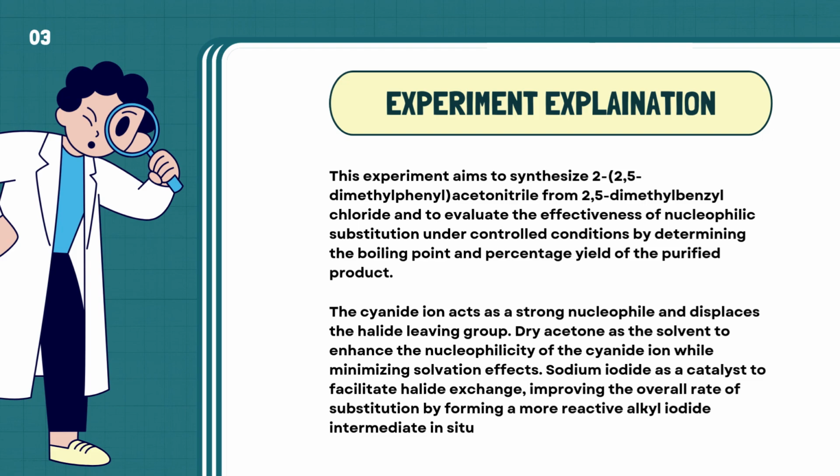The cyanide ion acts as a strong nucleophile and displaces the halide leaving group. Acetone is the solvent, to enhance the nucleophilicity of the cyanide ion while minimizing solvation effects. Sodium iodide is used as a catalyst to facilitate halide exchange, improving the overall rate of substitution by forming a more reactive alkyl iodide intermediate in situ.